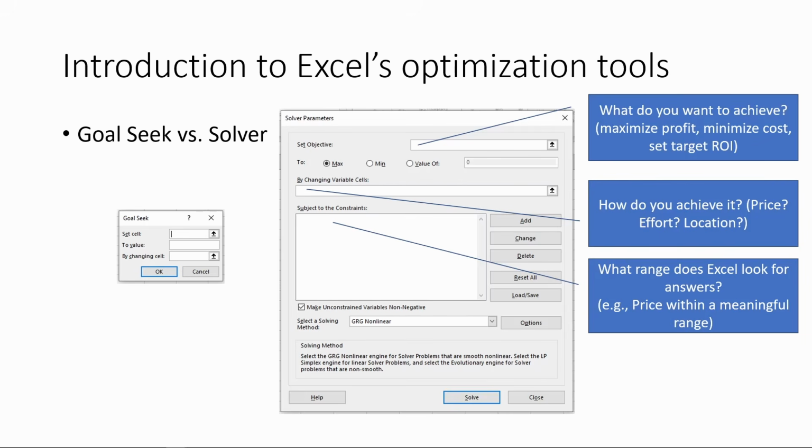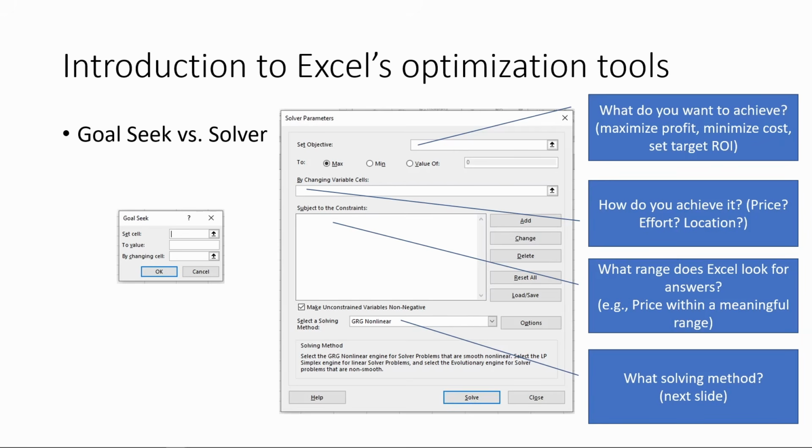You want to give a meaningful range here for price. And the better the range you give, the more efficient Excel will be at solving the answer for you. And the last component of solver is to choose a solving method. What method do you use to optimize the price? We'll look at the details on the next slide.